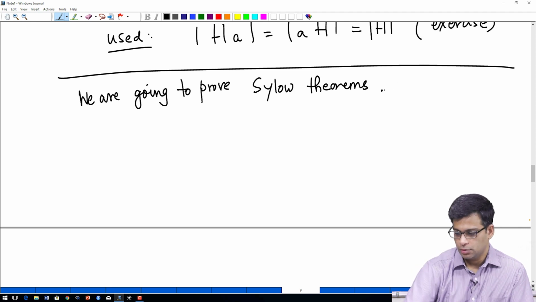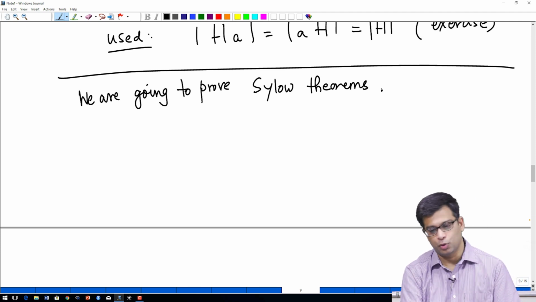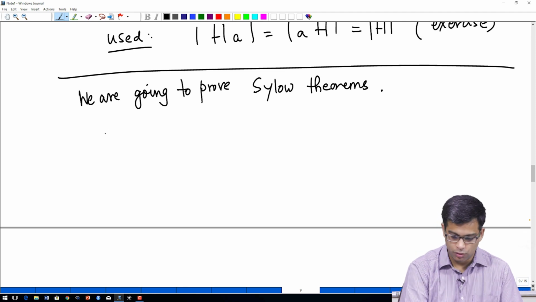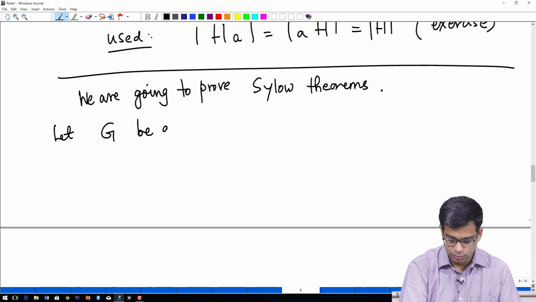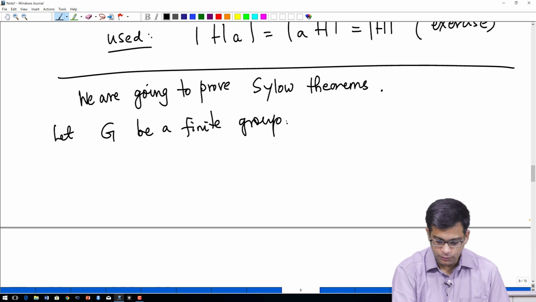Okay, there are 3 Sylow theorems. I am going to state them and prove them one by one, but they all have to do with the following setup. Let G be a finite group.